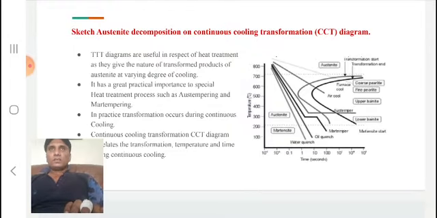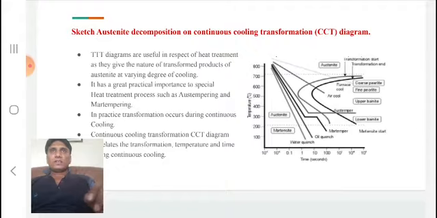In the previous video we discussed isothermal transformation, that is, at constant temperature we discussed the decomposition of austenite into pearlite, that is ferrite plus cementite, and the fine structures of pearlite and sorbite, and troostite, and upper bainite and lower bainite.